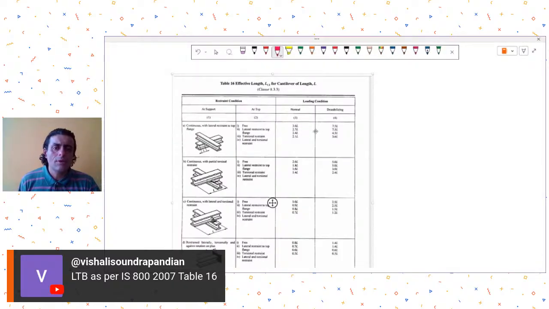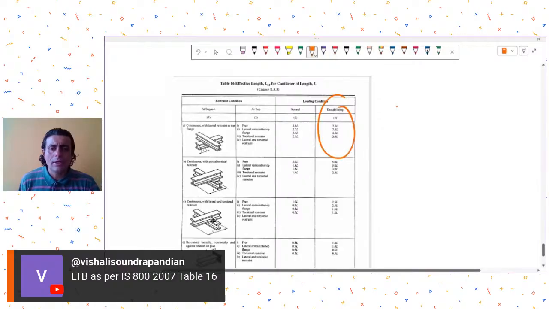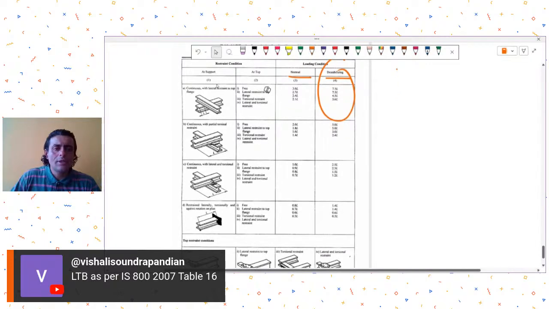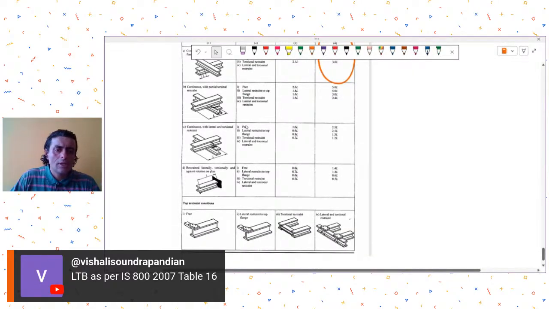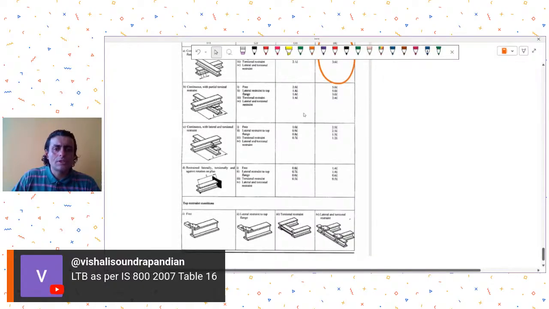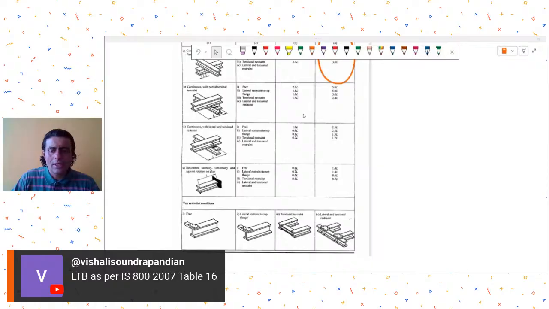When the loading condition adds to the effect of lateral torsional buckling, it is considered as destabilizing. Otherwise, it is considered as normal. And then you have the supports, how your cantilever is being supported, and then you have the conditions, what are the restraining conditions at the top flange. So on this basis, you are supposed to calculate the lateral torsional buckling length for cantilevers.